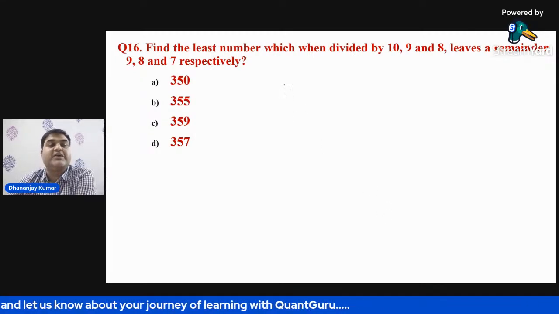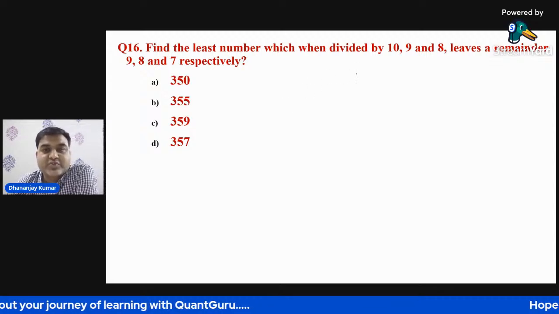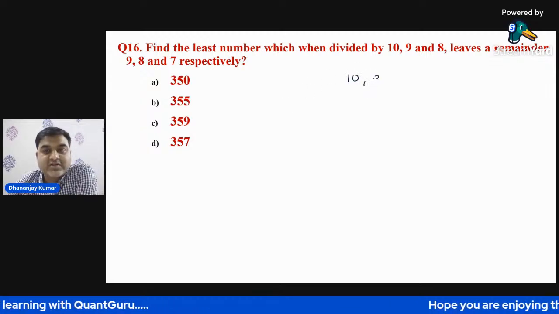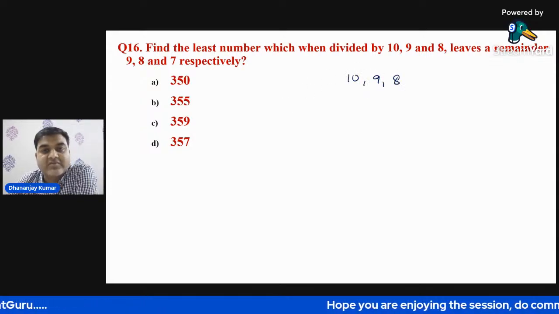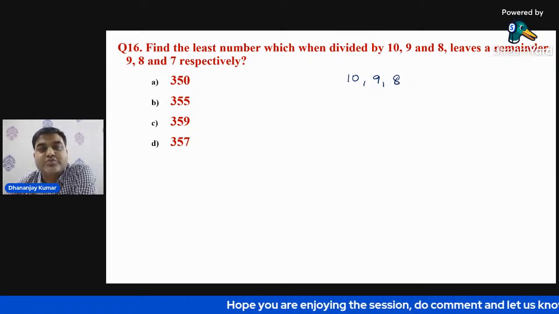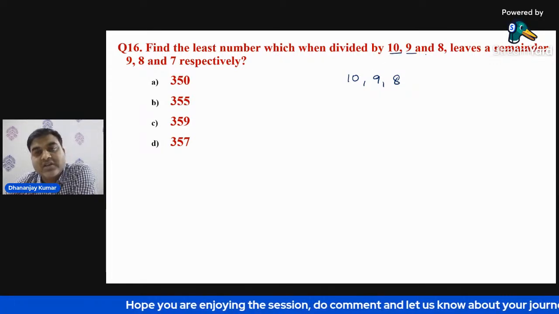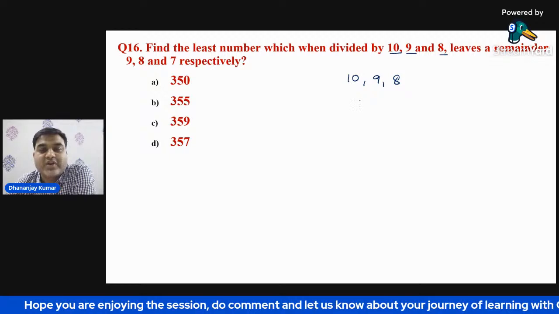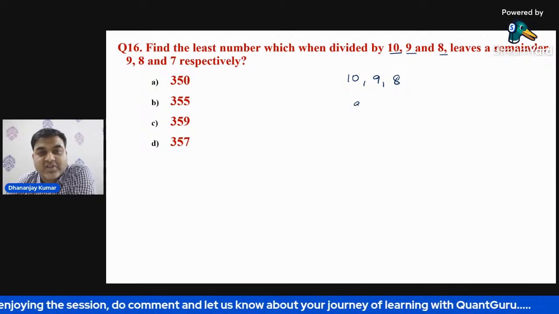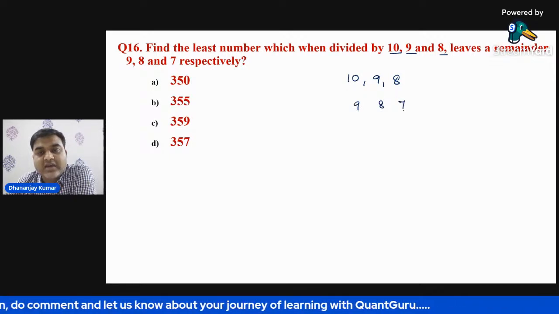Parallelly, let me answer the sum. The beauty of this question is that the number has to be divided by 10, 9, and 8. And what is the remainder? The remainders are 9, 8, and 7.